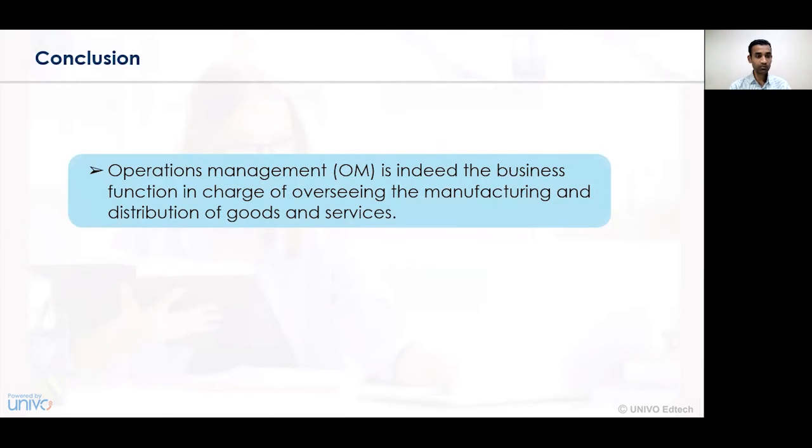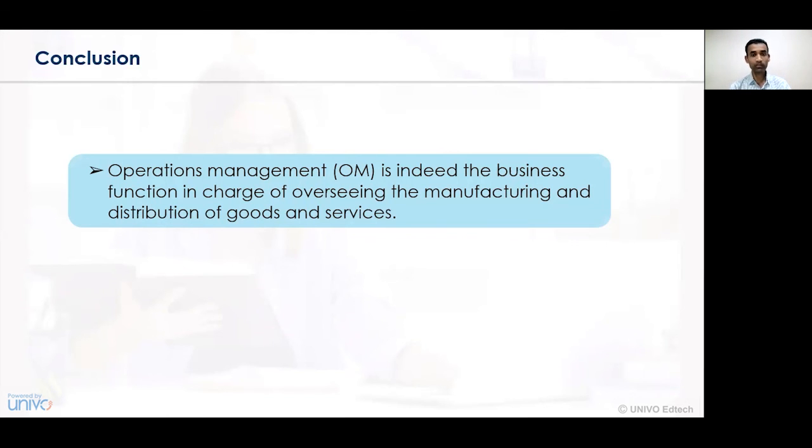Now let's summarize what we have learned at this stage. Operations planning or operations management is the business function in charge of overseeing manufacturing and distribution. So what are we looking for? We are looking for the business function of overseeing the activities of production. Apart from the regular activity of production, manufacturing, supplying or distributing, we have to see that the operational activities are always aligned in qualitative and quantitative terms.